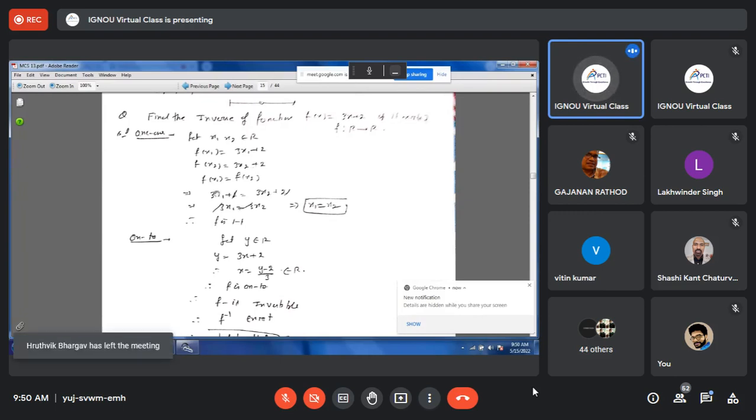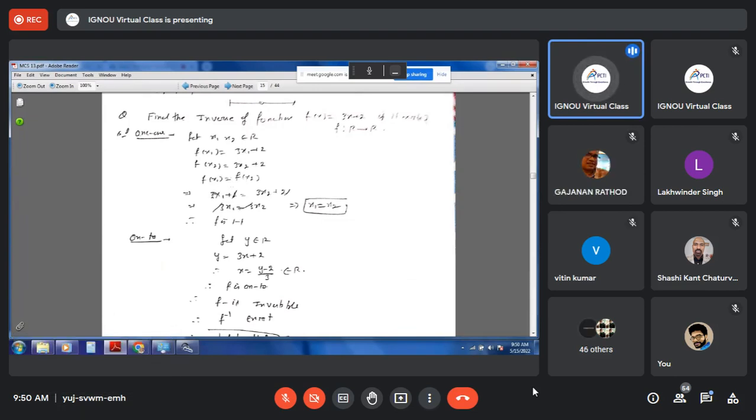According to the definition, take f of x1 equal to f of x2. Put the values of f of x1 and f of x2 and calculate. 2 cancels with 2, 3 cancels with 3. We are left with only x1 is equal to x2. If it is x1 is equal to x2, then the function is 1-1. If it is not equal, then f is not 1-1.